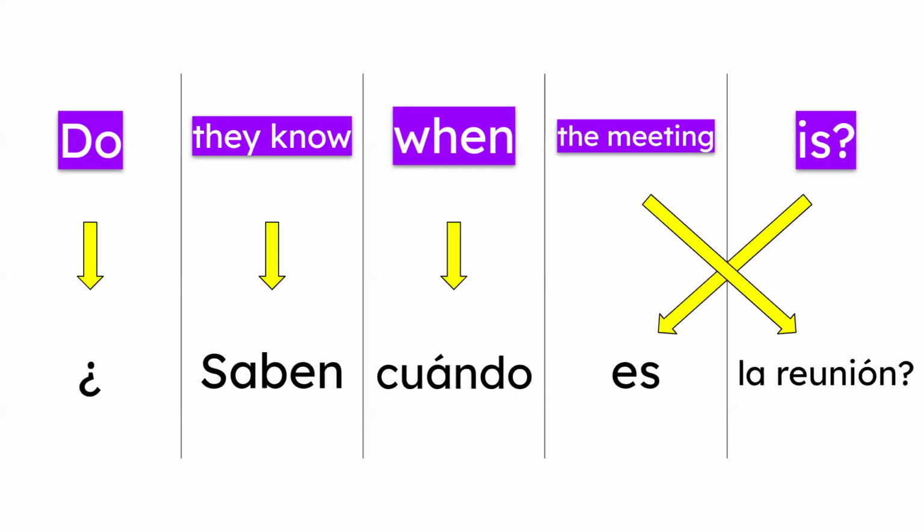The structure goes when you have the verb to know, followed by these question words like what, when, how, where, etc. Whenever you have know followed by any of these words, then you know that you need to use saber. ¿Saben cuándo es la reunión?